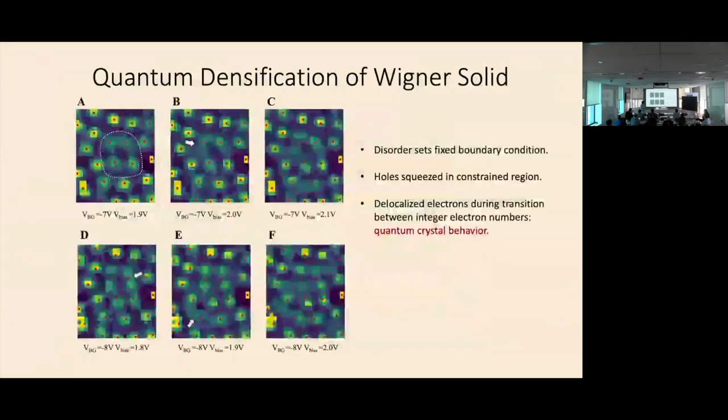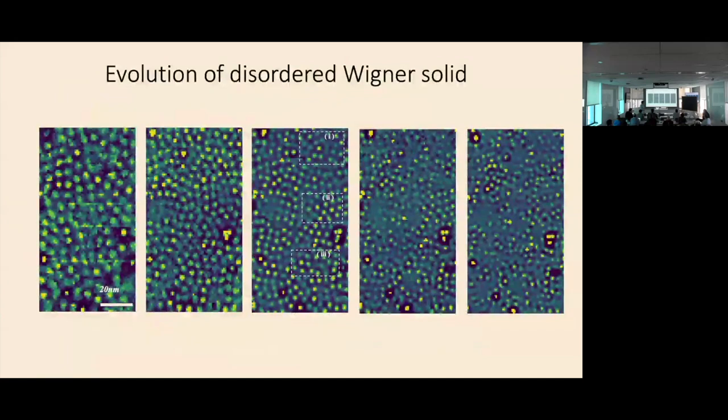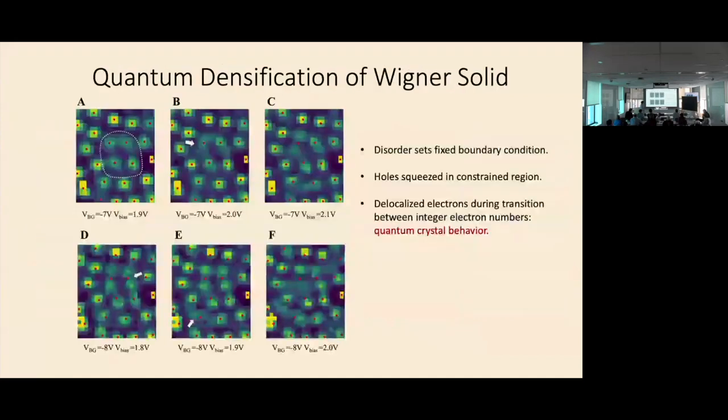Okay. So we can study how the electron density changes both in the solid phase as well as in the solid-liquid transition. Firstly, if we just zoom in on a small region where the whole thing is solid, when we increase the electron density, how does the solid evolve?